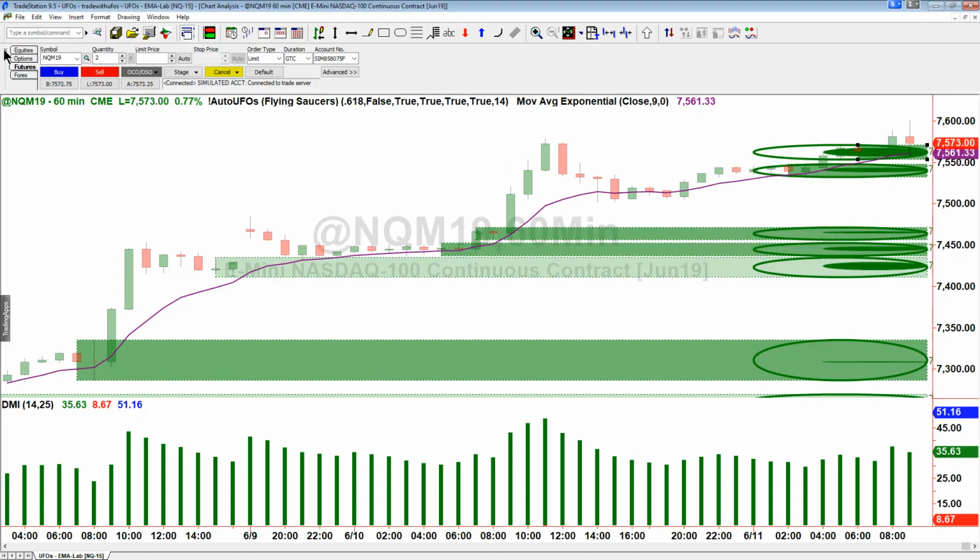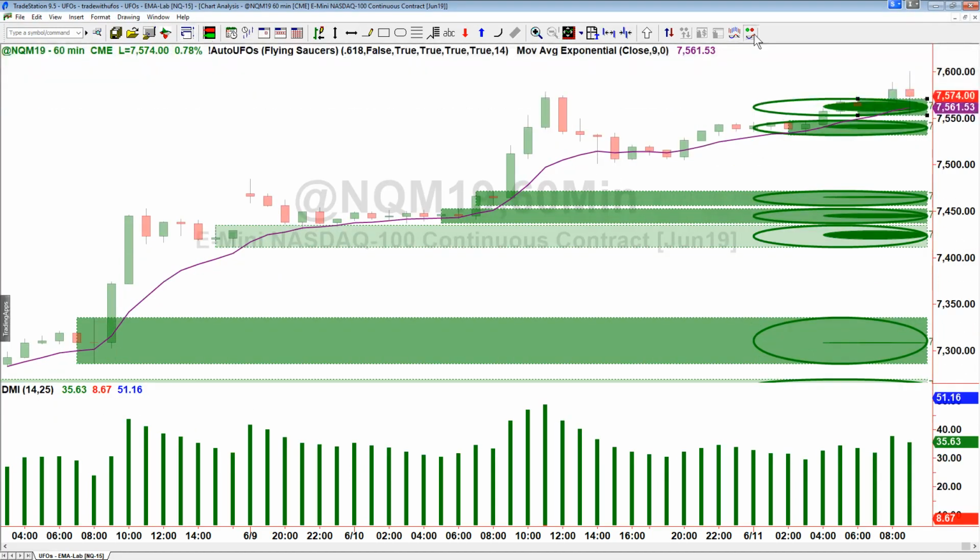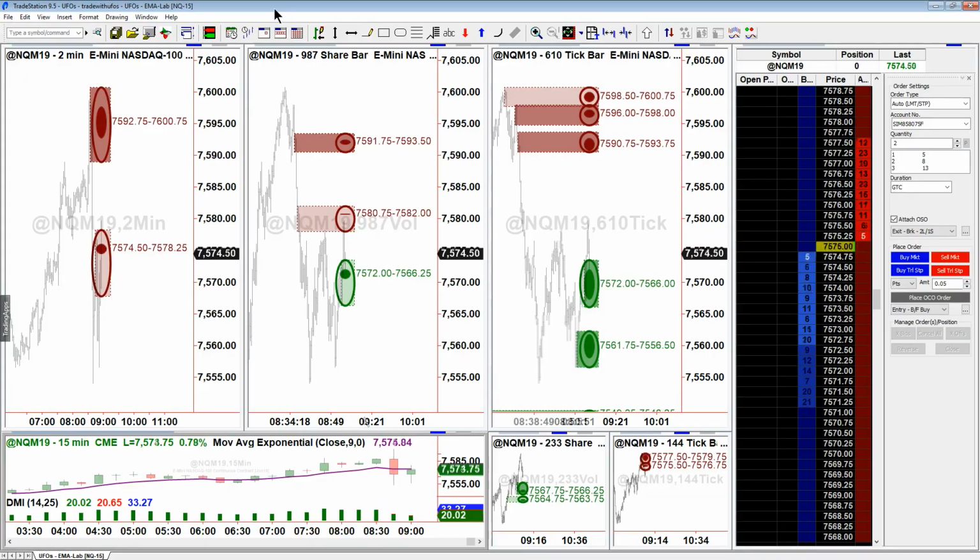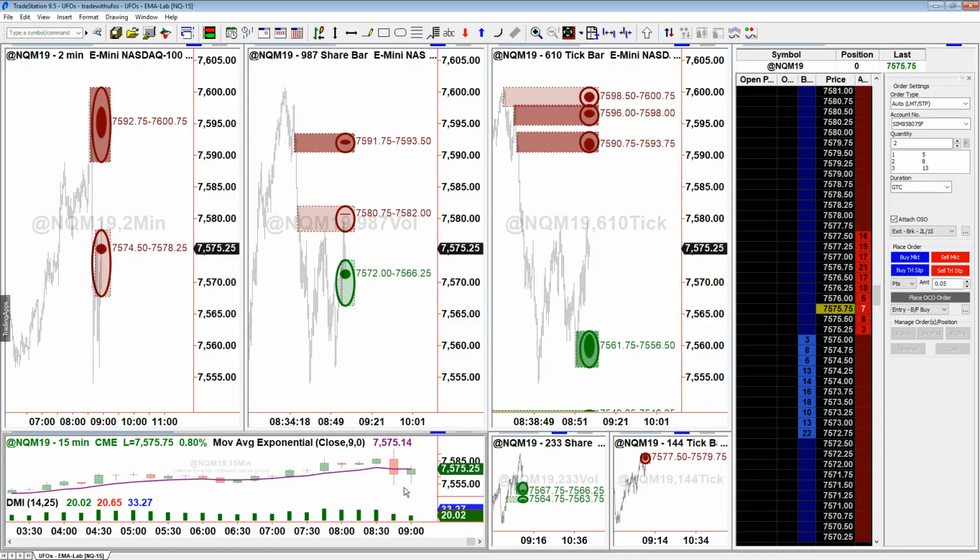So let's say that now the market is going to fall and really drop nice. What's going to happen? Well, not only will your downtrend be reconfirmed with a second candle with a close below and another red, but on top of that, the green UFO that we just saw on the 60-minute time frame will go away.